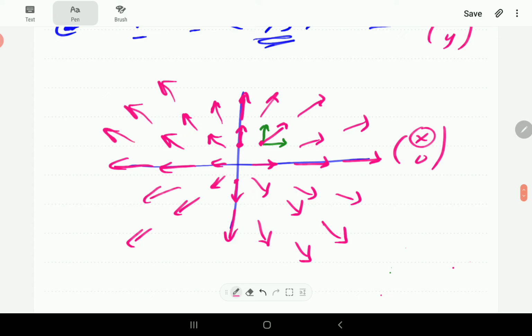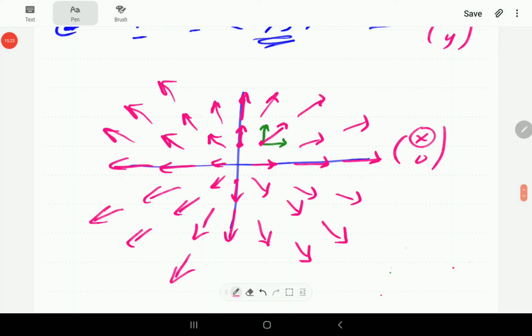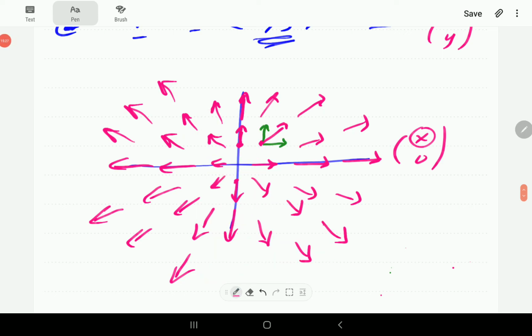So if you just have a source at the origin, all your streamlines are going to be moving away from the origin. Any rotation here? No rotation. Any sense of spreading out, divergence? Yes, there will be some divergence, obviously, because you've got a point source right at the origin here.